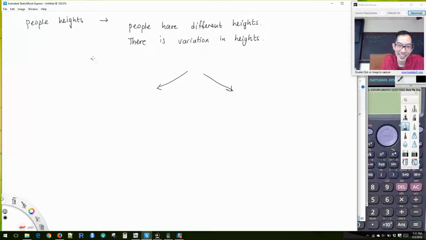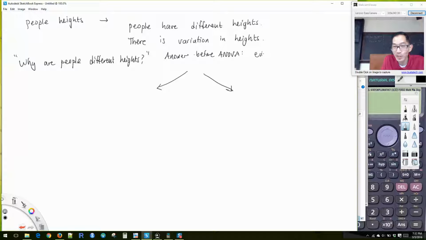I know this is very silly, but why are people different heights? Before ANOVA, your answer will just be, everyone is different.